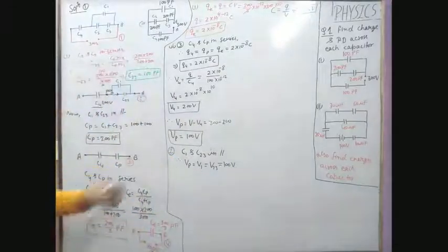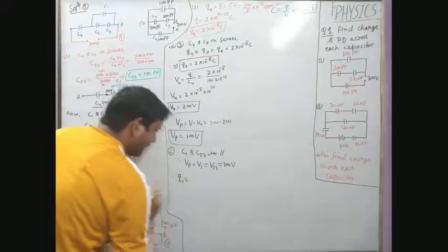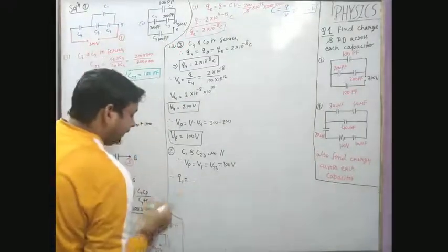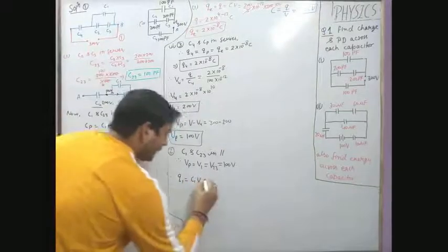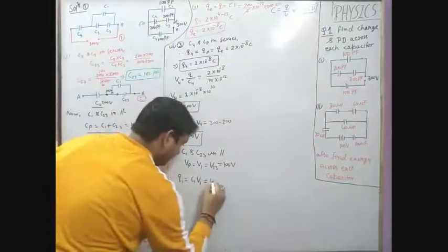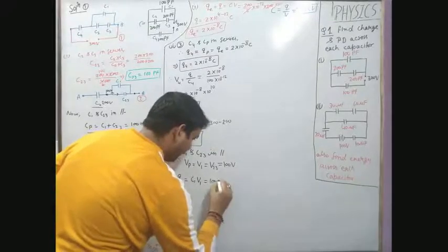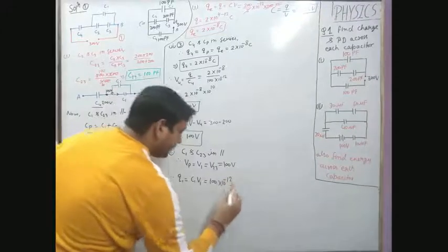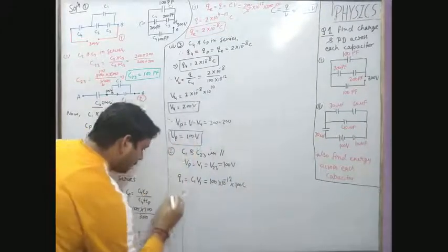Now Q1 is equal to C1 V1, where C1 we have 100 picofarad, which means 10 to the power minus 12, into V1 we have 100, and this will be in coulomb.